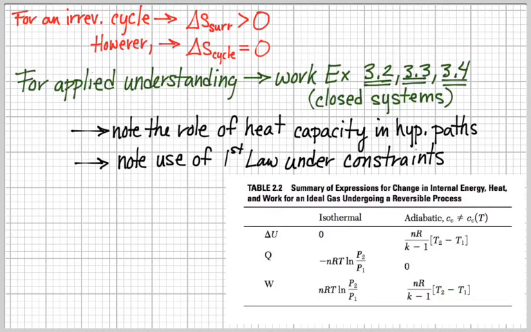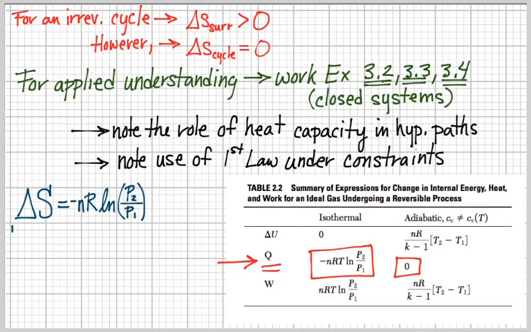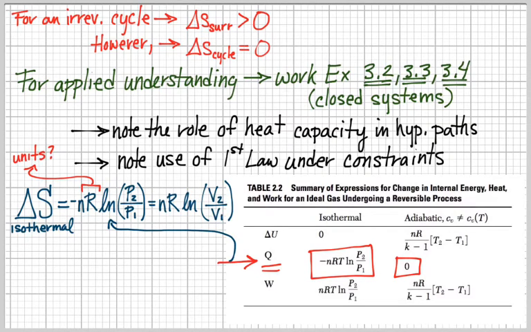Here's table 2.2. If you look at Q, you'll see that Q is fundamentally related to the second law of thermodynamics by the Clausius inequality. And all that I'm doing with the Clausius inequality is basically dq divided by T. So if I find a Q term and I divide it by T, I get delta S for, say, an isothermal process, which is going to be negative nR natural log of the final state P2 over the initial state P1.